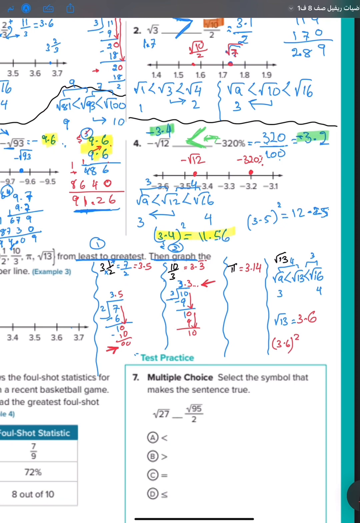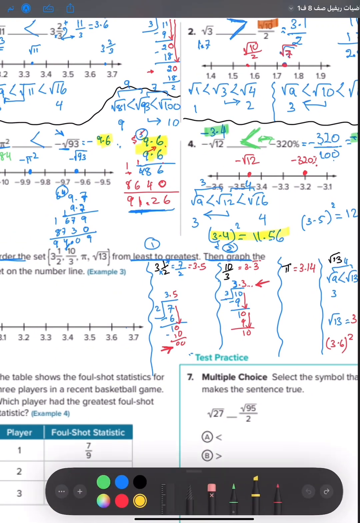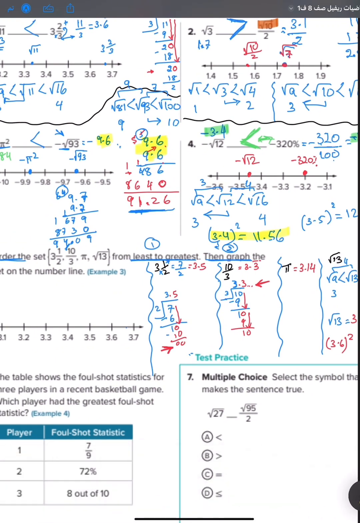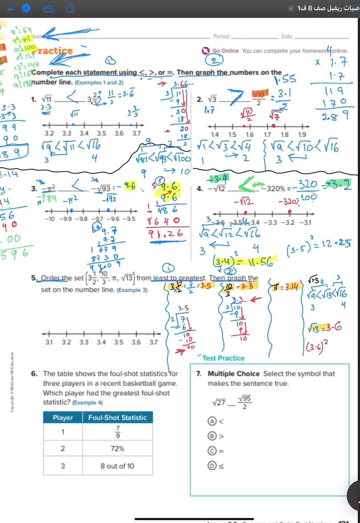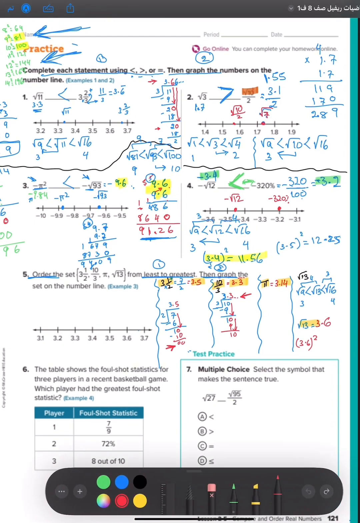Okay, so we have these four answers. We must order them. We have 3.5 for 3 and a half, 3.3 for 10 over 3, 3.14 for pi, and 3.6 for square root of 13. Let's write from least to greatest, from small to big.